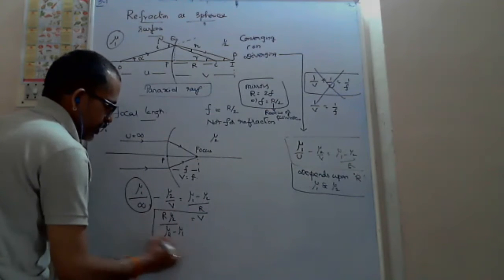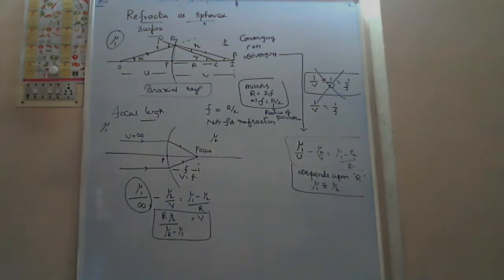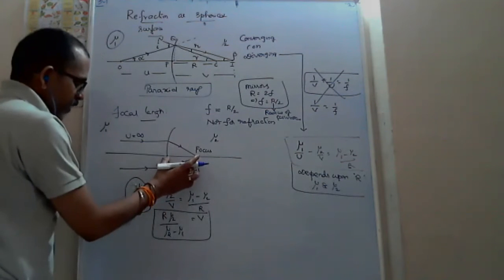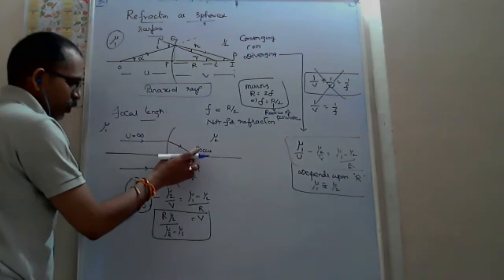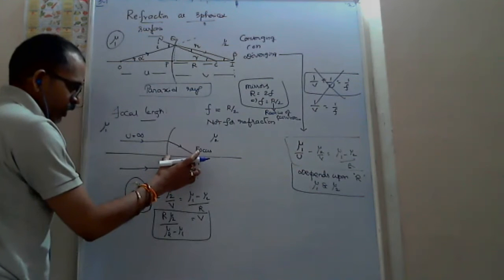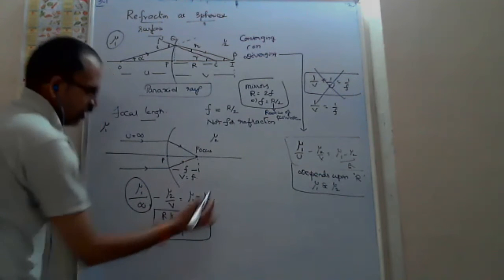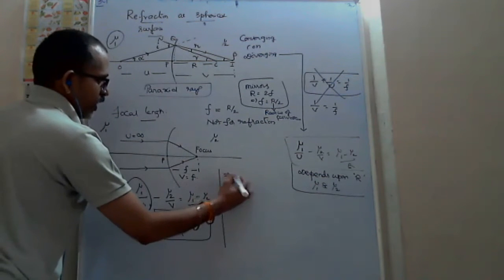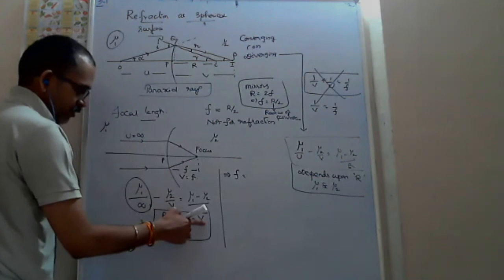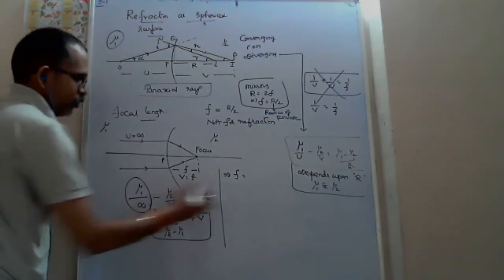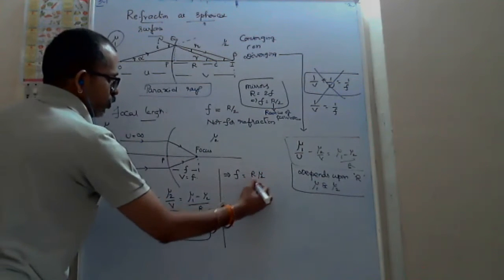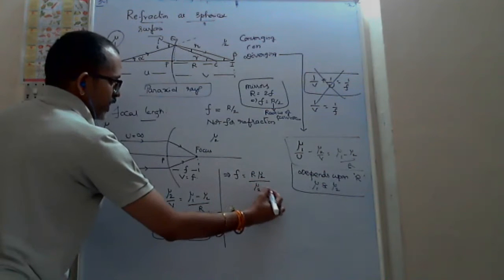Correct? This image distance is focused to a point called the focus. That's why its distance v equals f. That implies the focal length f of this spherical surface, v equals f equals r mu2 divided by mu2 minus mu1.